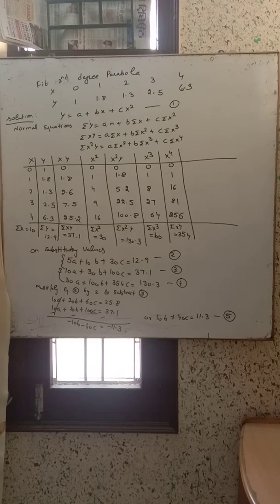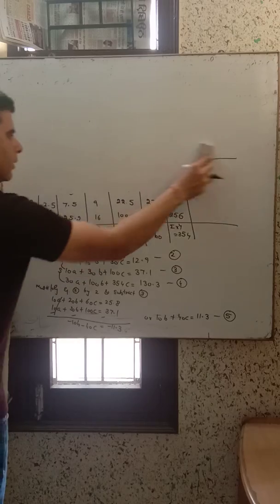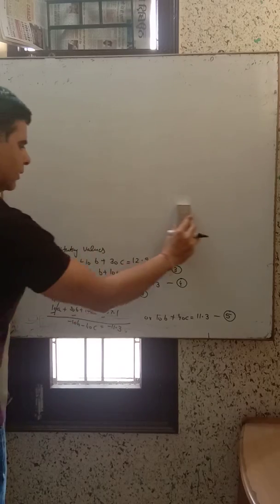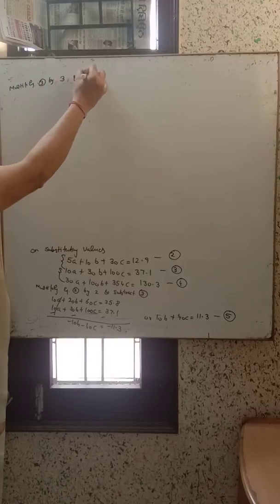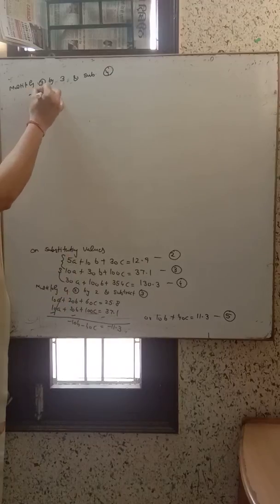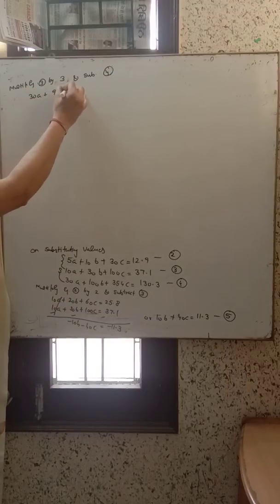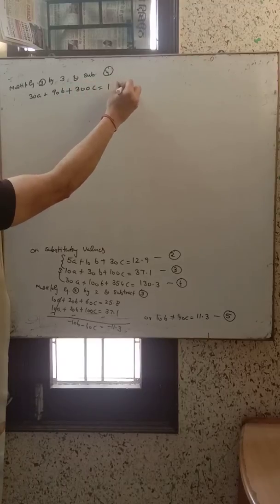Next we will eliminate a from equation number 3 and 4. For that, multiply equation 3 by 3 and subtract equation number 4. We multiply this equation by 3. We get 30a plus 90b plus 300c is equal to 111.3.